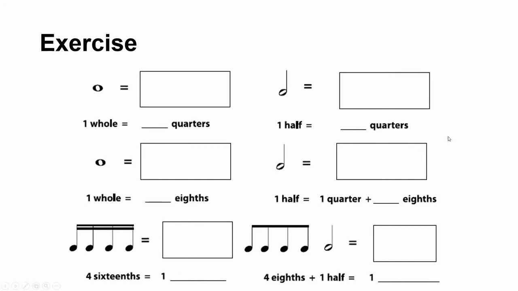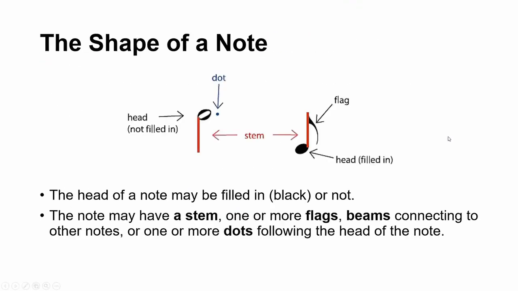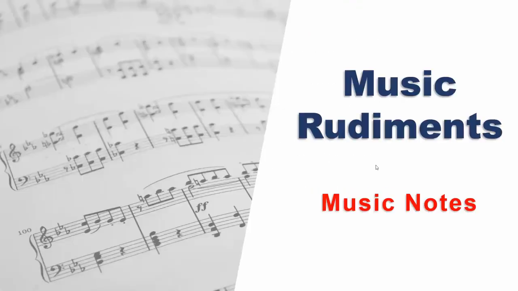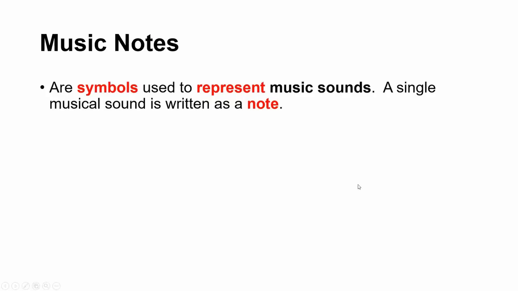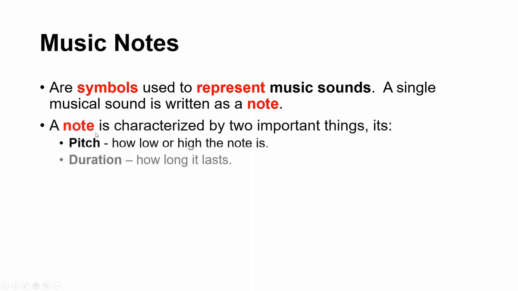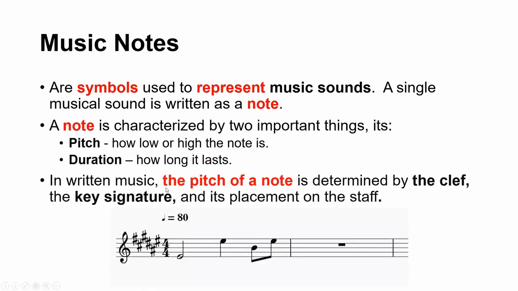All right, so in summary, we've looked at music notes. And we said that music notes are symbols that are used to represent music sounds. A note is characterized by the pitch, how high or low the sound is, and the duration, how long it lasts.